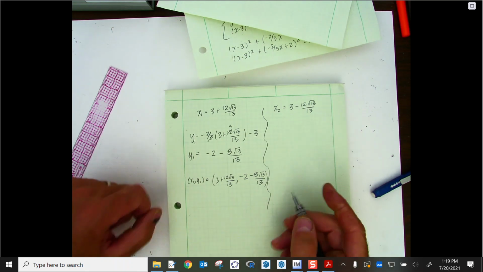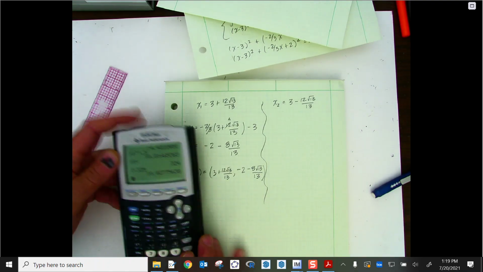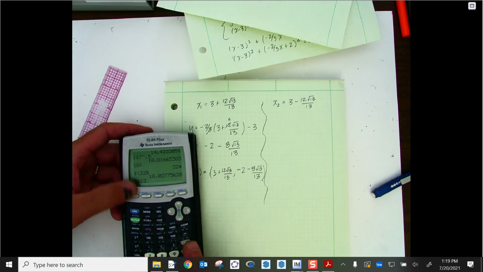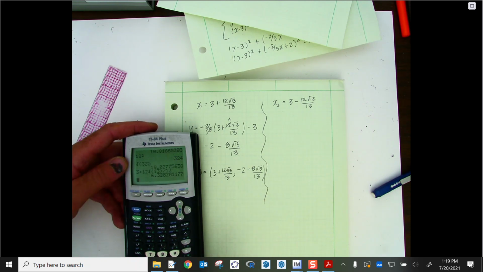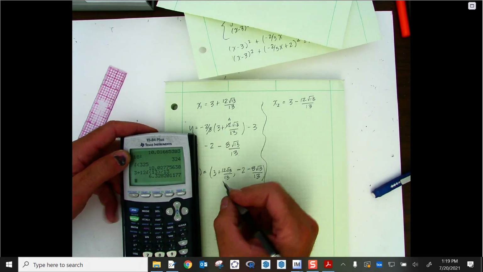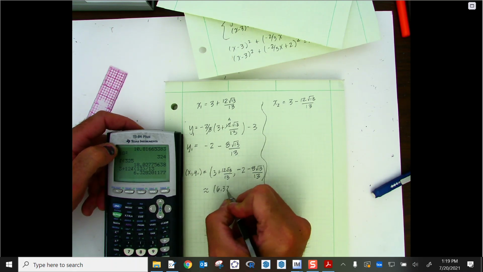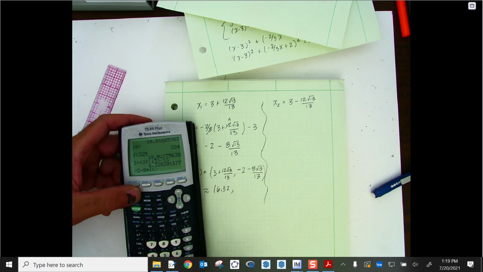Seems kind of crazy, doesn't it? But let's just check it out and see if this makes any sense with the drawing. 3 plus 12 times the square root of 13 divided by 13. So here we get, as a rough approximation, 6.32. And then negative 2 minus 8 times the square root of 13 divided by 13.